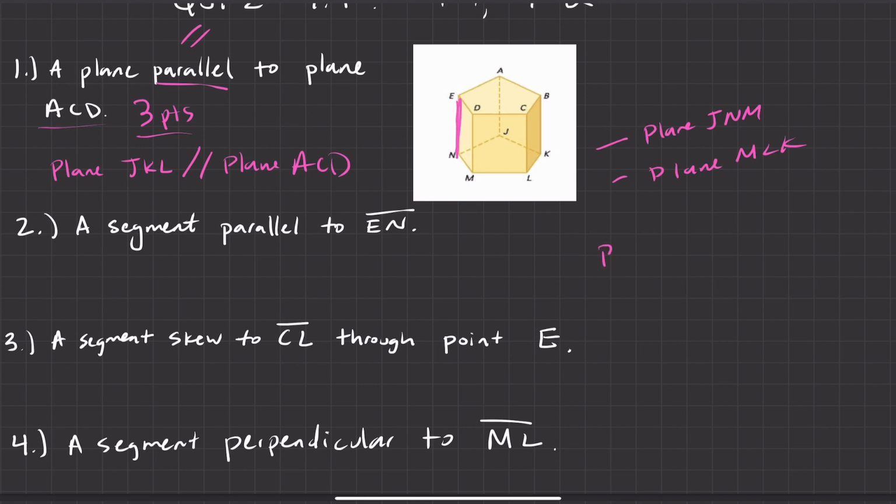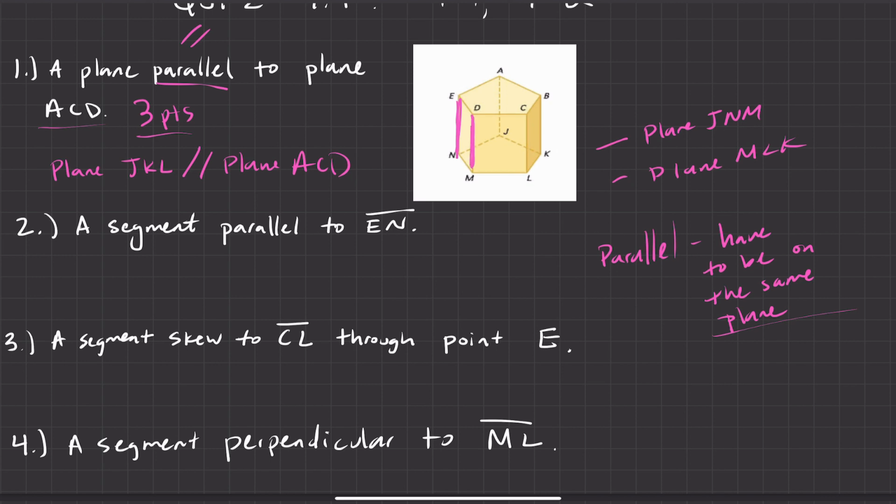And remember, with parallel, if I'm talking about parallel lines or parallel segments, they have to be on the same plane. Okay? So I can see that segment EN is right here, and it's on this particular plane, whatever I'm shading right there. So the plane, or not the plane, the segment parallel to segment EN is this, right?